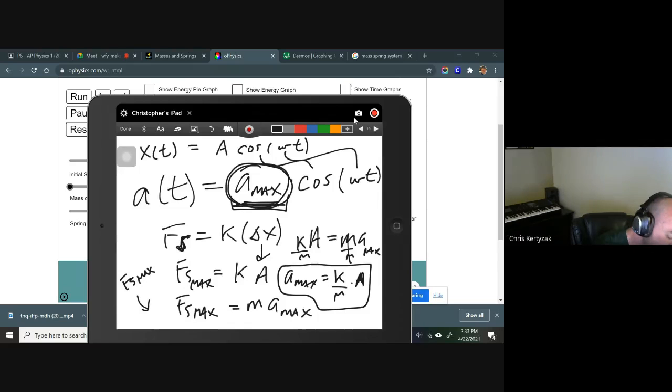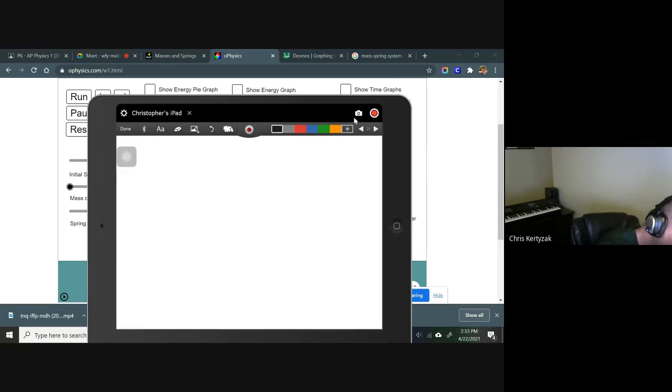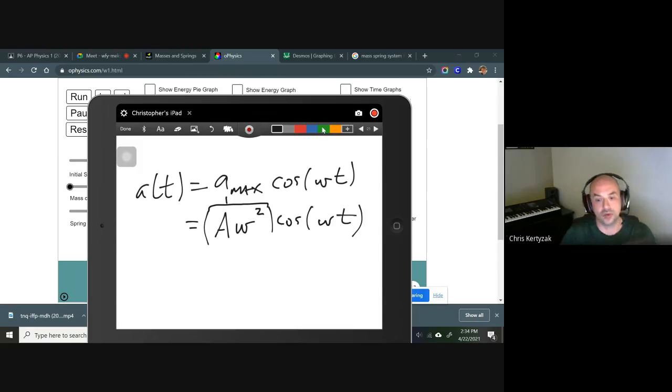We have a of t is A max cosine omega t, but I'm just going to stick that in for A max. So we end up with A omega squared cosine omega t.